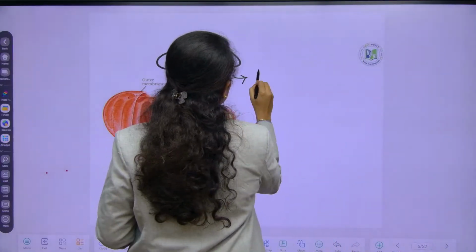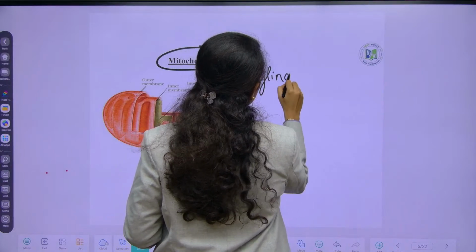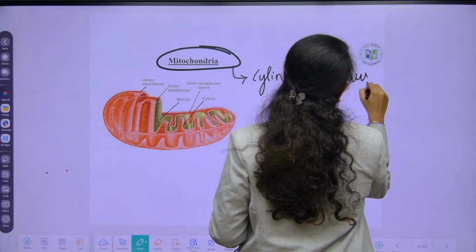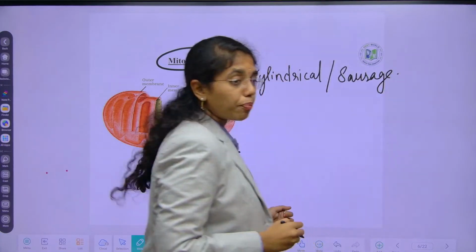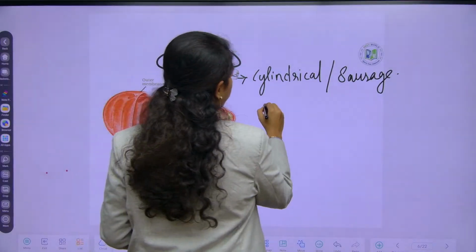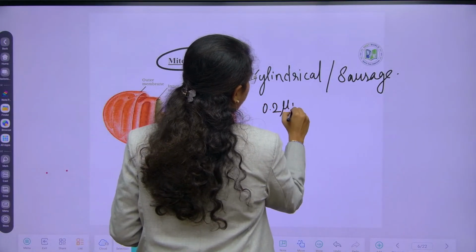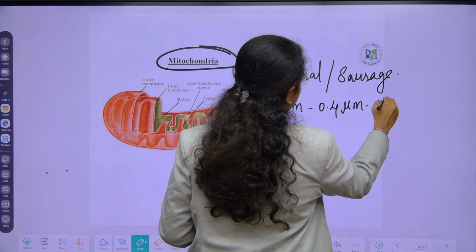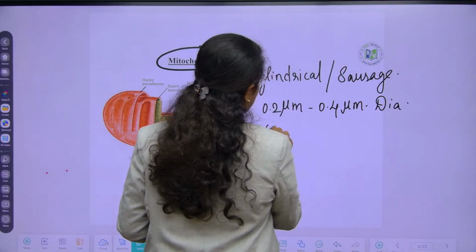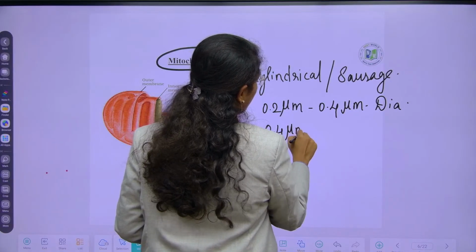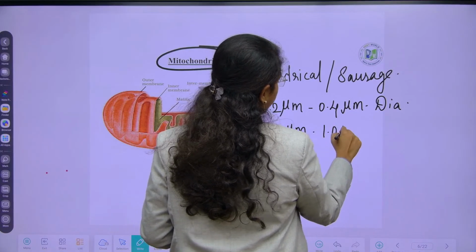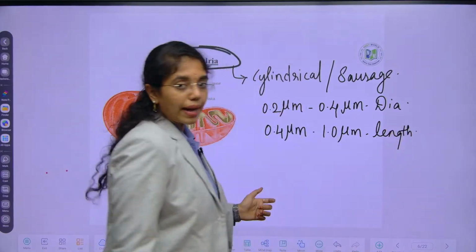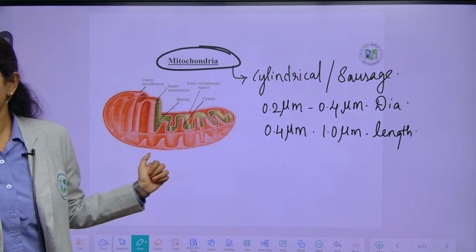It can be cylindrical or sausage shape, with an approximate diameter of 0.2 micrometer to 0.4 micrometer and 0.4 micrometer to 1 micrometer in length. That is the approximate diameter and length of the mitochondria.